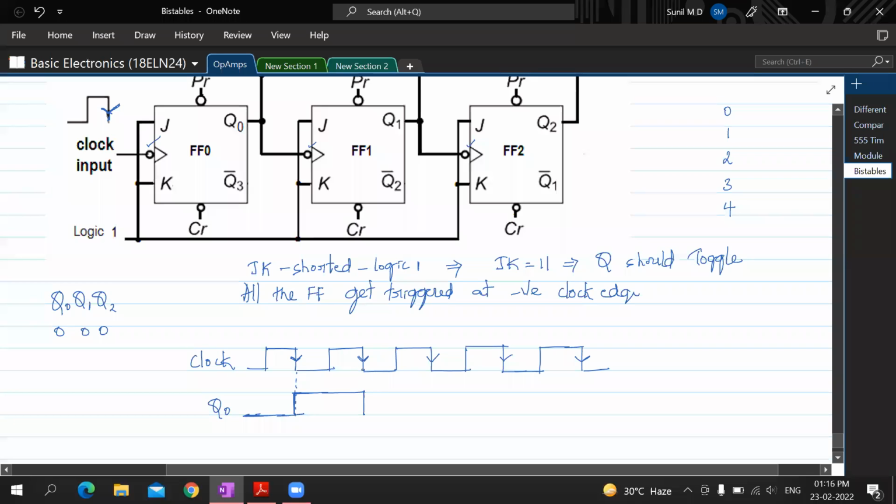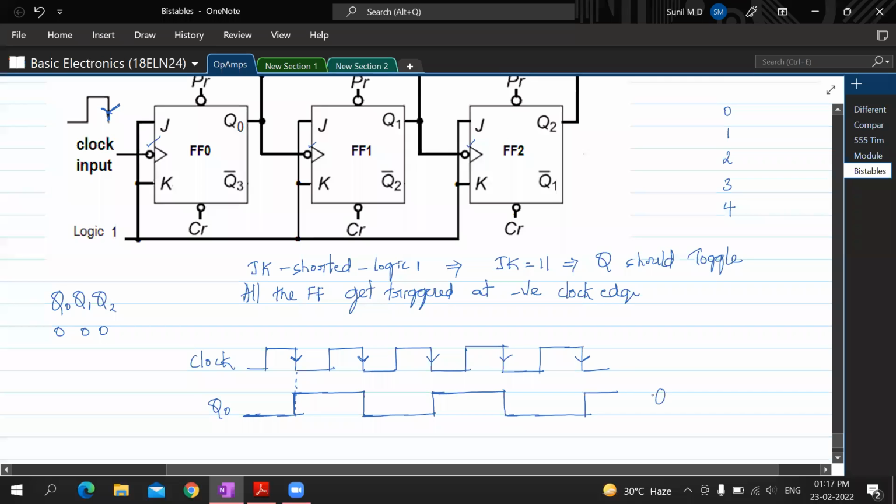So soon after we meet this second negative going edge, it becomes 0, and this will continue to be 0 till the next negative edge. And when it finds that next negative edge, it will become 1. Again, it finds the negative edge, it will become 0. So this is the meaning of toggling. So Q0 is toggling every time there is a negative edge of the clock.